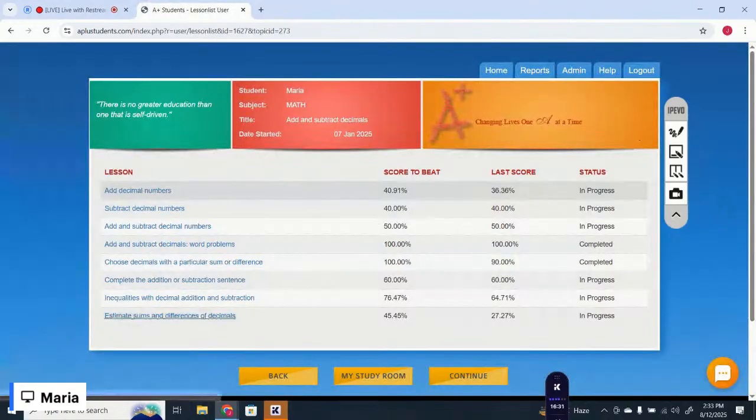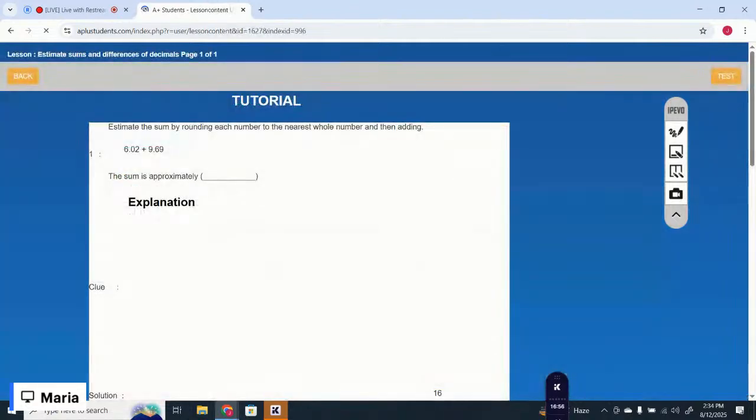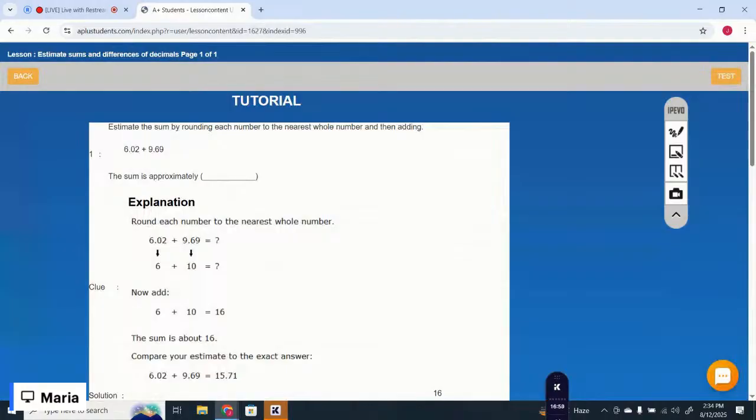The next one is estimate sums and differences of decimals. Okay, let's just start with the test questions.